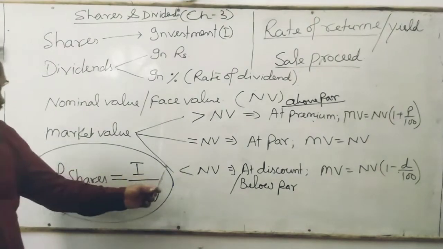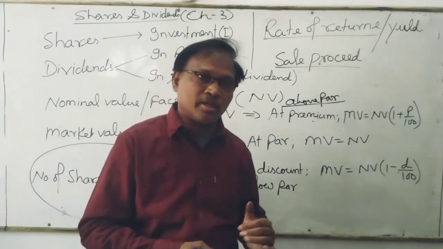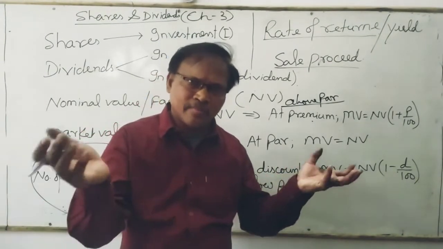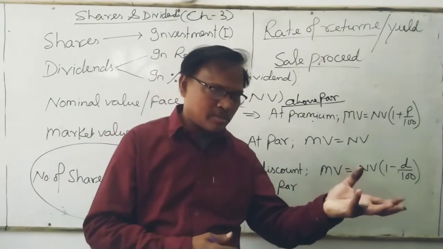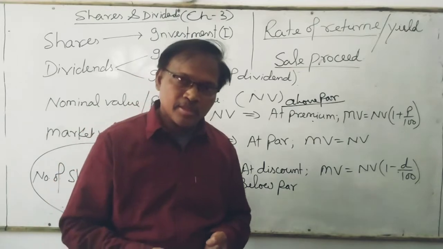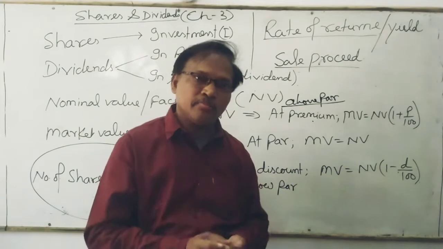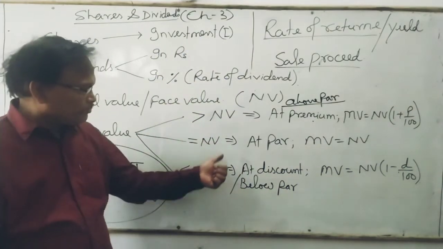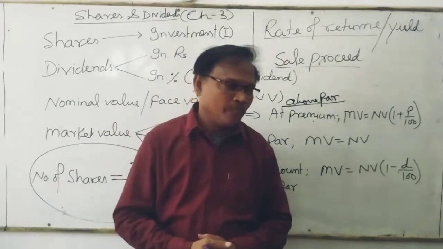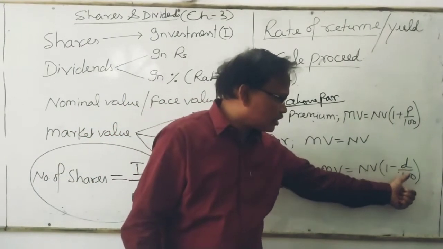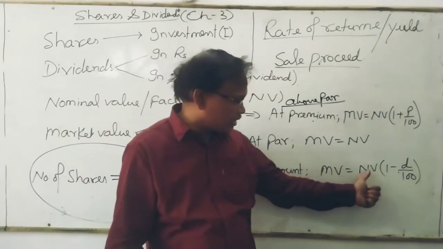The third one, when the market value is less than the nominal value. कभी-कभी nominal value rupees 100 है और market value हमारी 90 rupees. जैसे बहुत फैक्ट्री लॉस में चली गई तो they have to sell at any cost. वो चाहे लॉस हो, बहुत ज्यादा लॉस हो रहा है तो वो कुछ लॉस में ही सेल कर देते हैं। तो in that case this is called at discount, इसको कहते हैं at discount. तो NV1 minus D upon 100, if discount is given in percentage, so market value will be NV1 minus D upon 100.